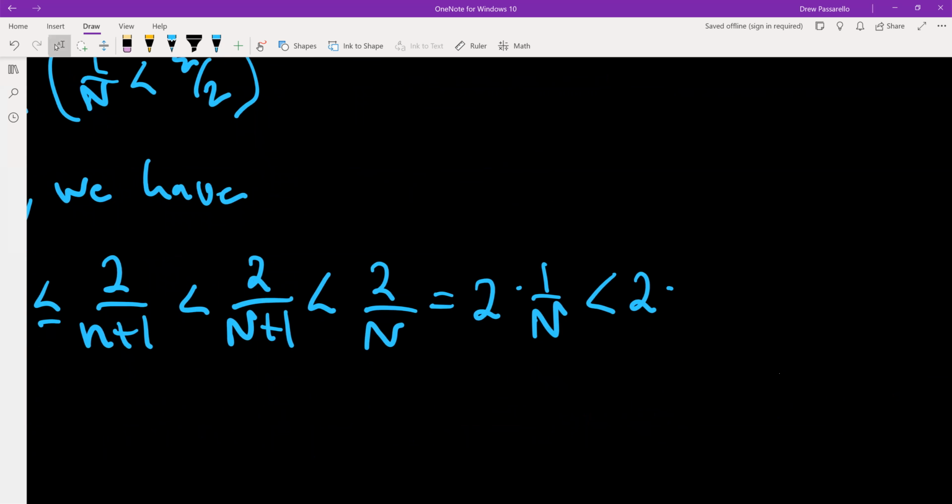So this will be less than 2 times epsilon over 2, which the 2's divide out, and that gives you epsilon. All right, so that is the proof for that one.